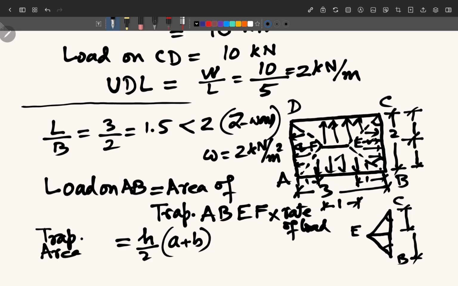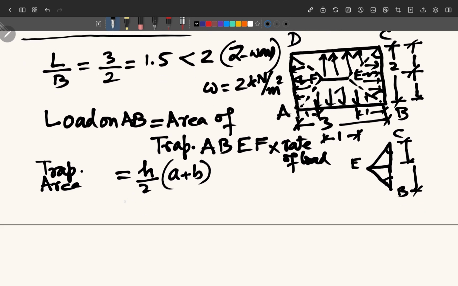So in this case, we have h, the height of the trapezium, which is just equal to 1. So 1 by 2, then parallel sides EF and AB. EF is 1 and AB is 3. So we get this area as 4 divided by 2, that is 2 meter square.